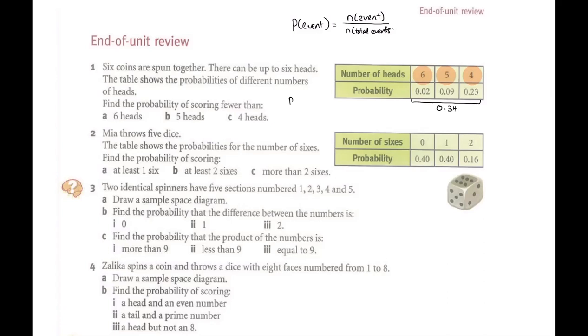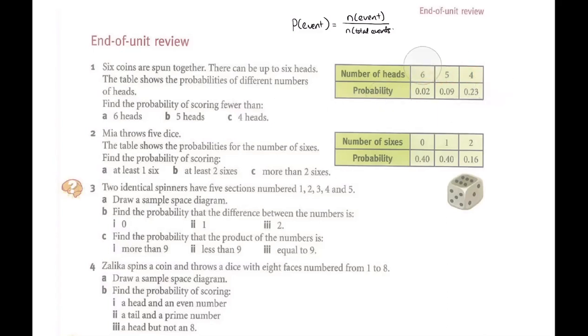So the probability of not 6, 5, 4 means 1 minus the probability of 6, 5, and 4, because this is the not event. The probability of 6, 5, and 4, we calculated was 0.34. And at the end of the day, you should get 0.66. All right, that is number 1. So this is 1C, sorry.